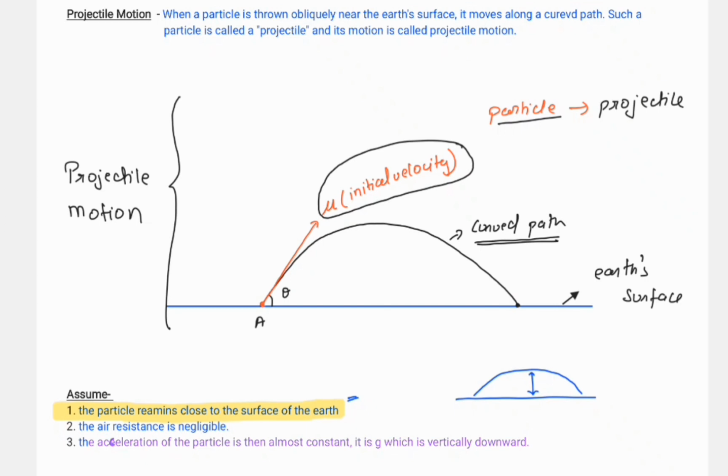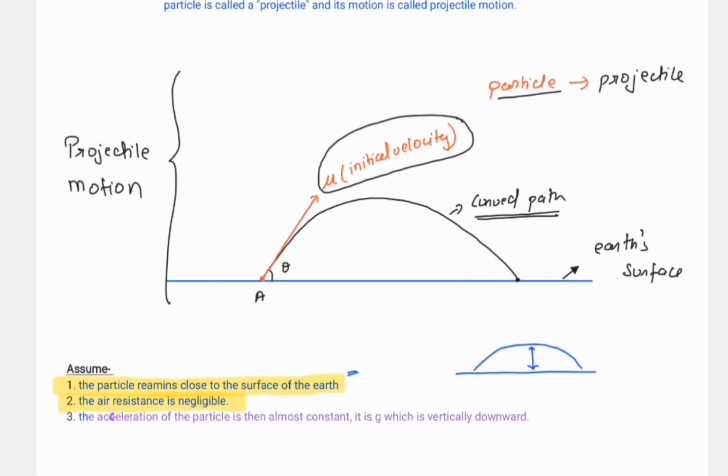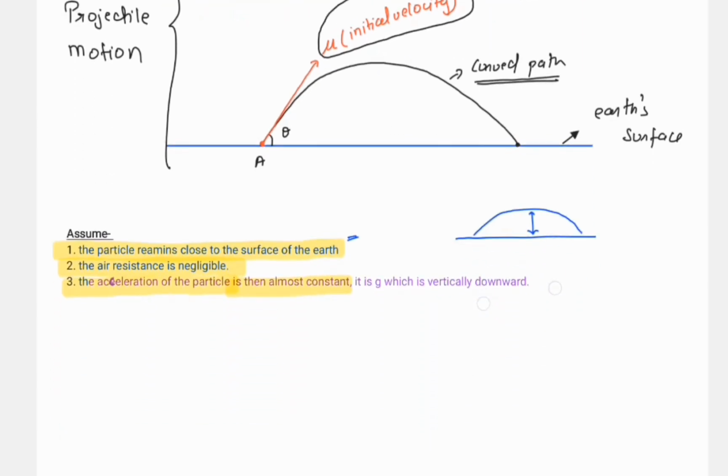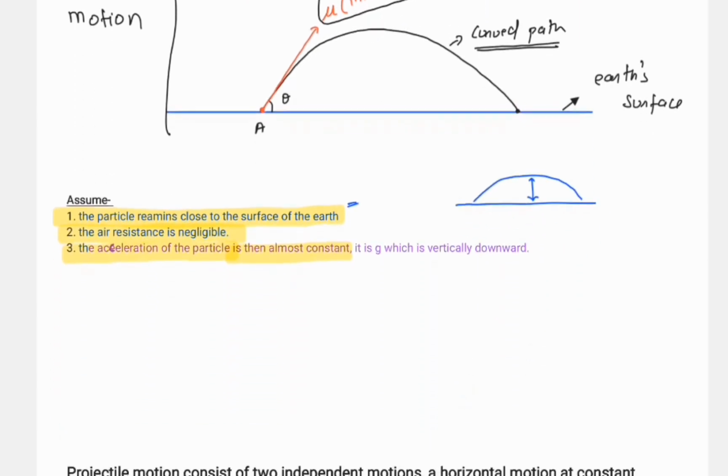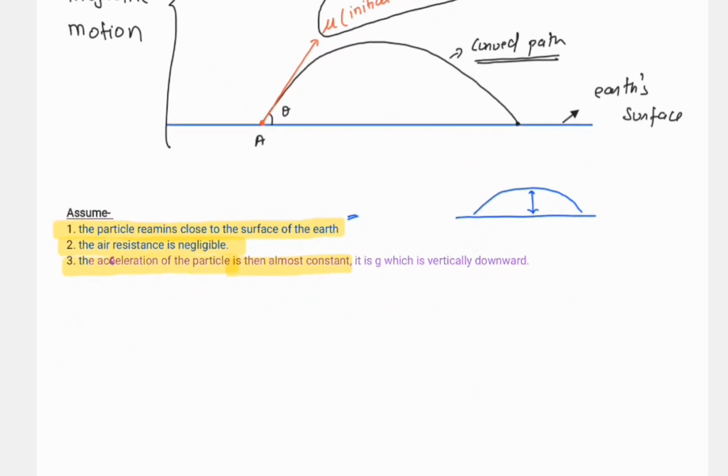The second thing that we are going to consider is that air resistance is negligible. We are not going to consider the effect of air friction or air resistance while solving the numericals of projectile motion. The third thing that we have assumed is that the acceleration of the particle is almost constant.